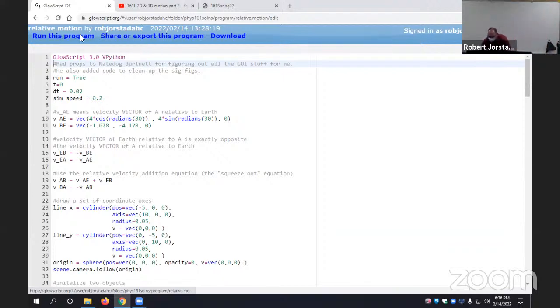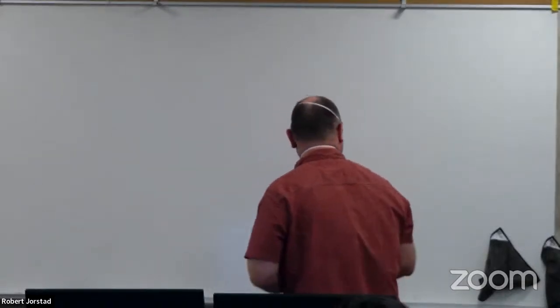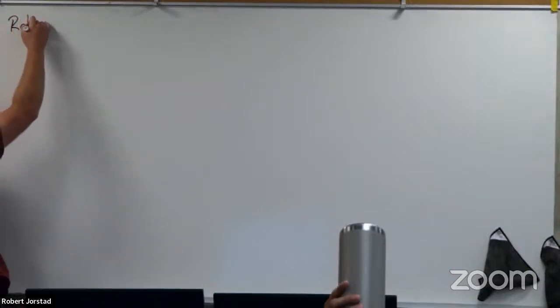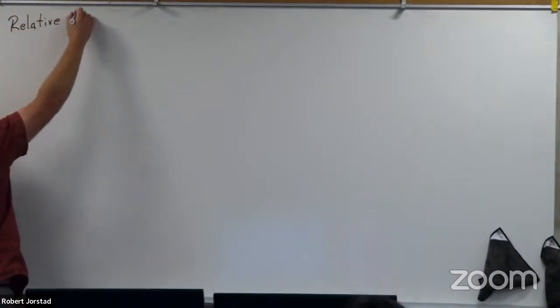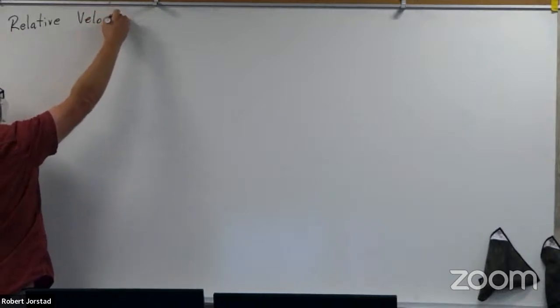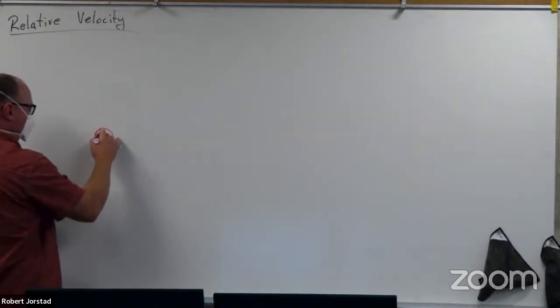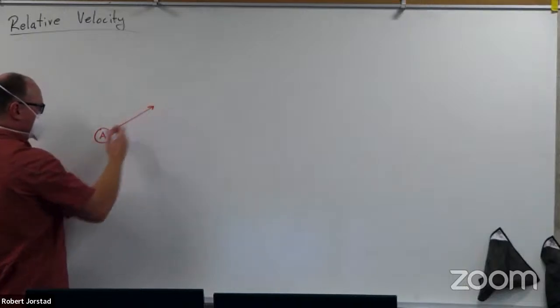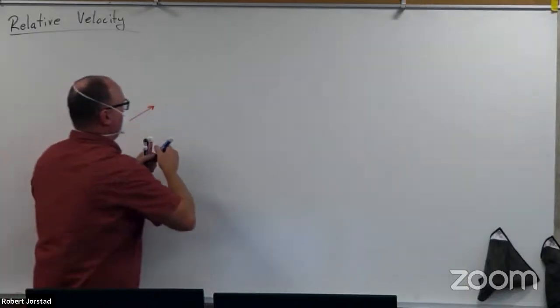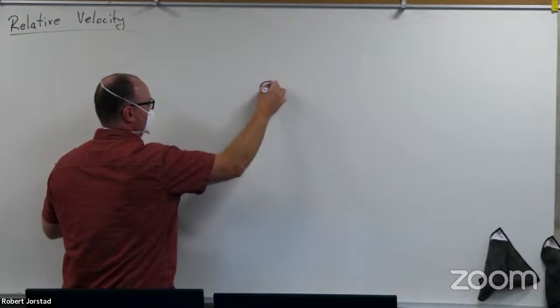All right, okay, so stop the share. In this case, relative velocity. We're going to have an object A that's moving somewhere like this, and an object B moving some other way.